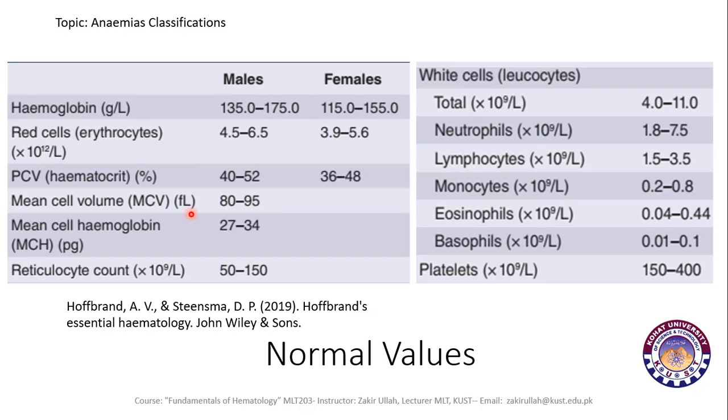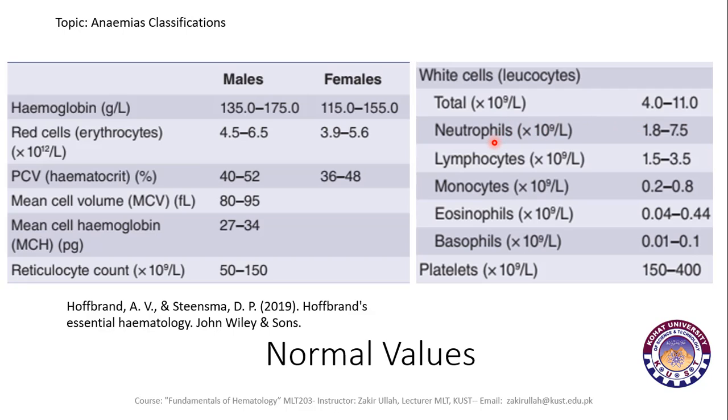The other values are almost the same in the male as well as in the female. The mean cell volume is 80 to 95 femtoliter, mean cell hemoglobin 27 to 34 picogram, the reticulocyte count 50 to 150 times 10 to the power 9 per liter. The white blood cell count is also the same in both male and female. In case of adult male and female, they are 4 to 11 times 10 to the power 9 per liter.